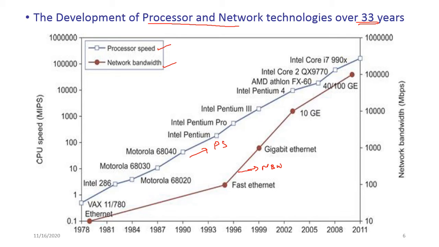On the left-hand side we have CPU speed, the metric is million instructions per second. On the right-hand side we have network bandwidth, the metric is megabits per second, and the x-axis is the year.